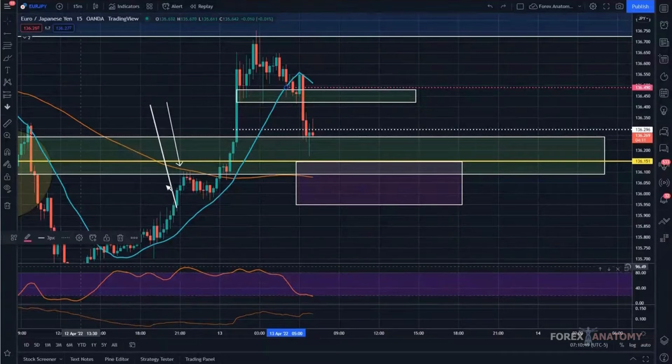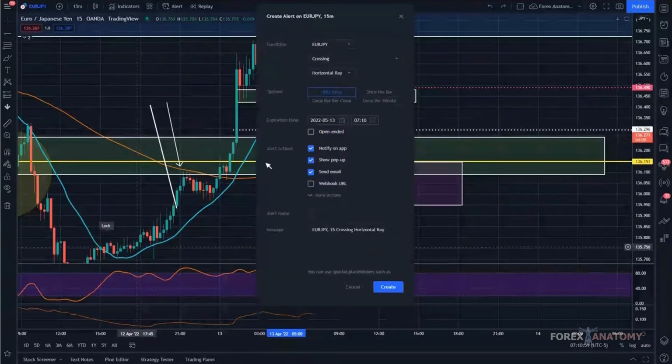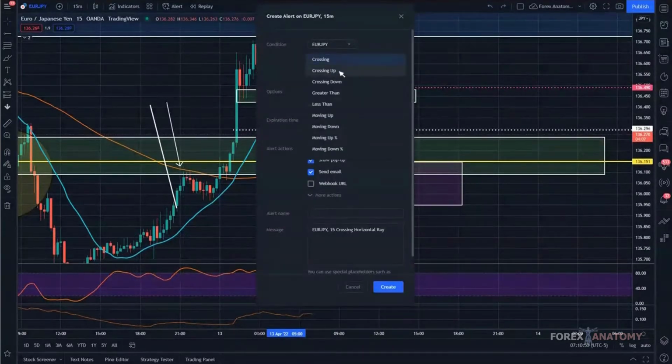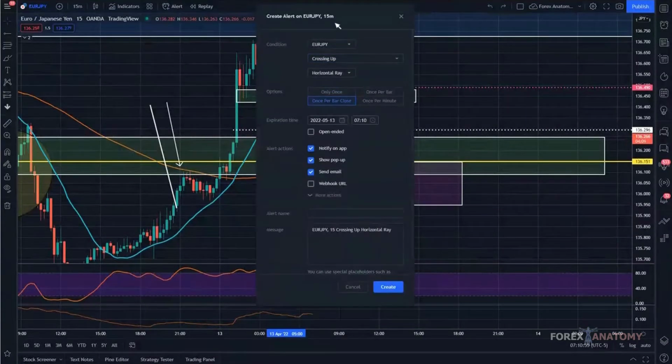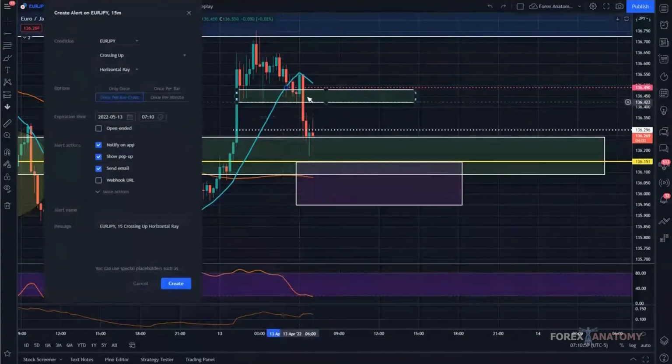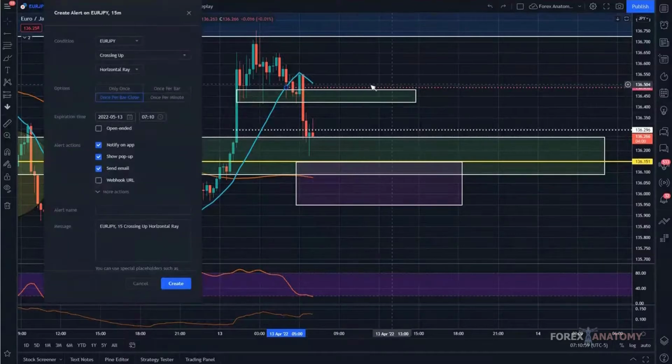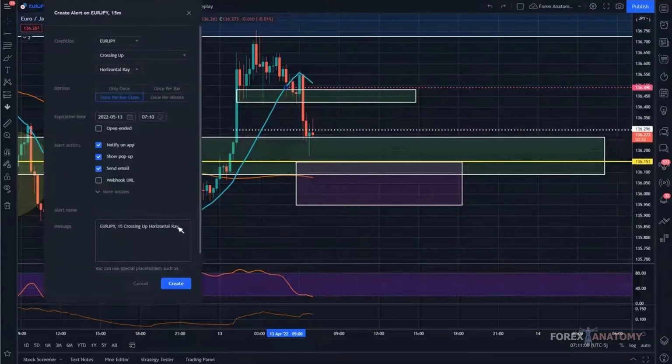So let me just place our price alert and say price is crossing up once per bar close. This level right here. As soon as price breaks and closes above this level, that's when we want to be on the lookout for a potential buy setup. As of now, we're still in a bearish environment, even on the 15-minute. So, price could actually correct a little bit deeper or a little bit lower, which is what I think may happen.